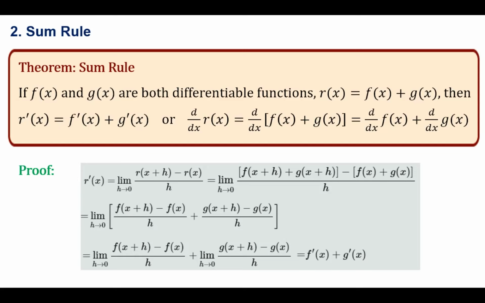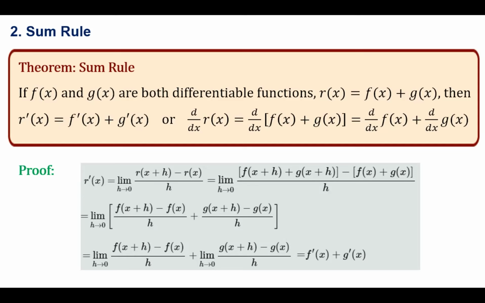The limit of the first function, by definition, is just the derivative of f(x), and the limit of the second function is just the derivative of g(x). Therefore, we have proved the derivative of r(x) equals the derivative of f(x) plus the derivative of g(x). Therefore, according to the sum rule, the derivative of a sum of two functions equals the sum of the two derivatives.